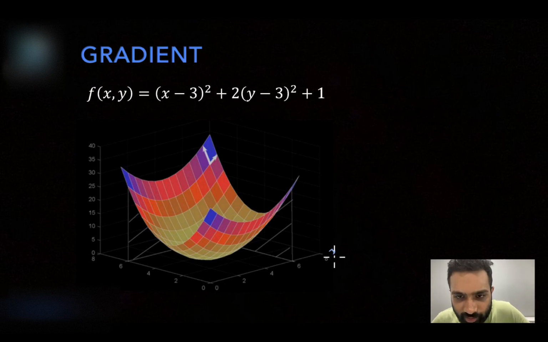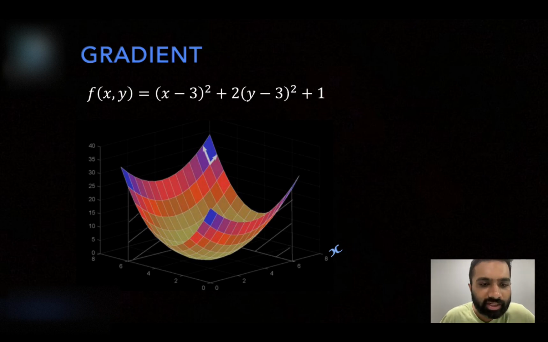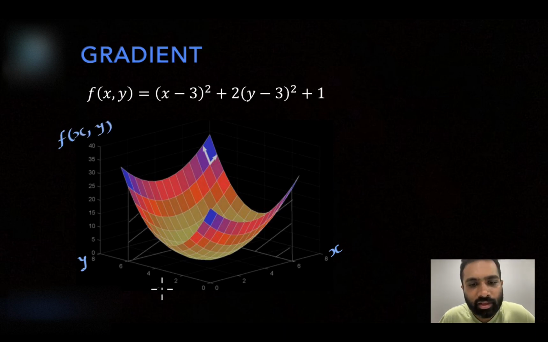What is the y-axis? The other axis is the y-axis, and the vertical line you are seeing demonstrates the function value, so it shows the output of f of x, y at every point. So it is a slanted view of this two-dimensional input function.